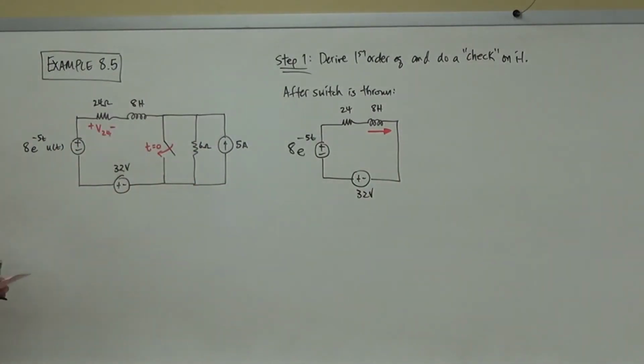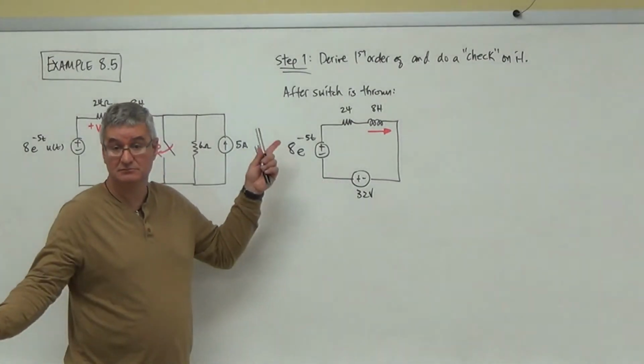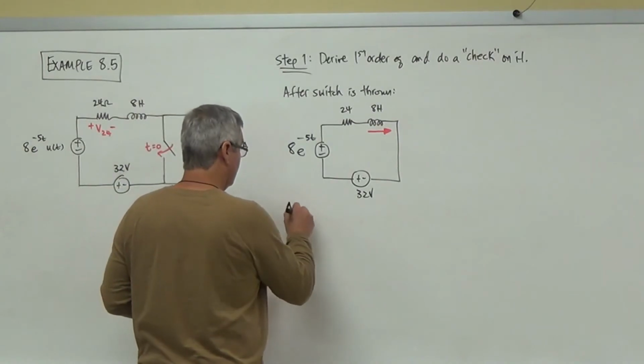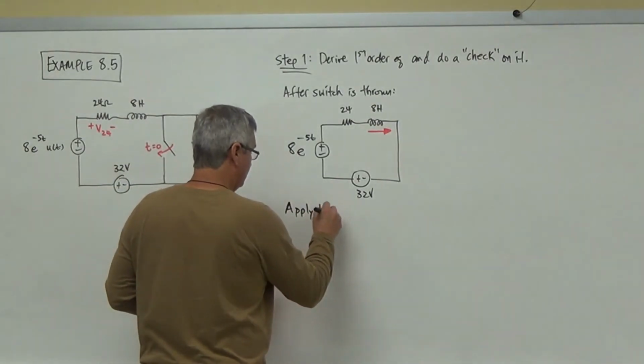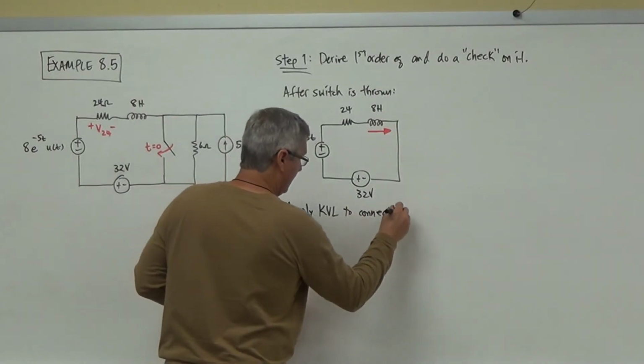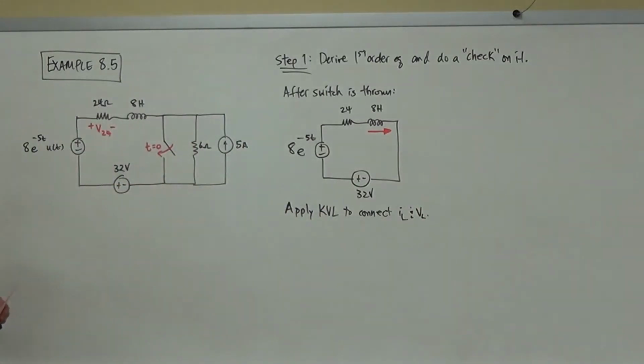So what am I going to do here? Immediately, I'm going to apply KVL. Why? They're in series. So then I'm going to apply KVL to connect IL and VL. So here we go.